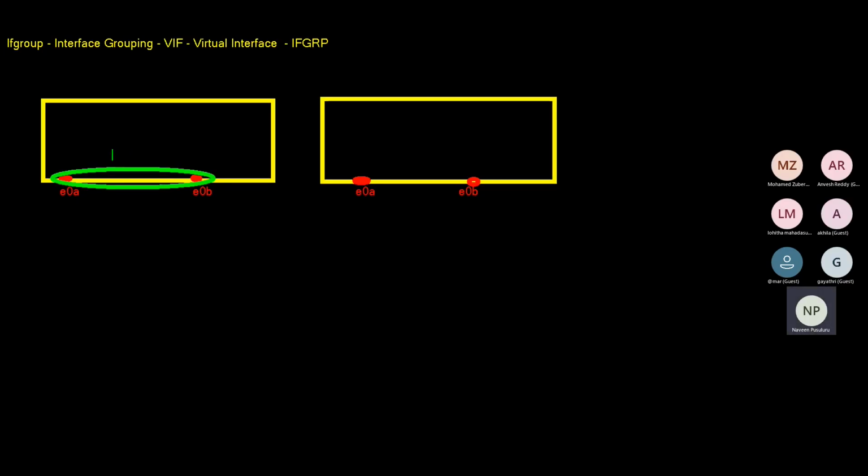We'll call it an IFGRP. For example, I'm naming it ifgrp1. So IFGRP means we can combine multiple physical ports and create a virtual port. That is what we'll call an IFGRP.